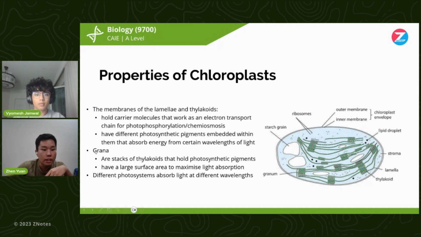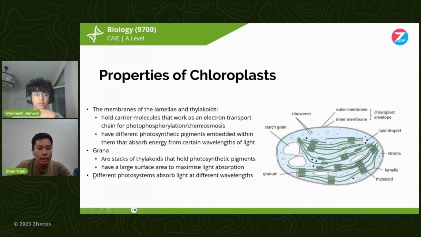Your grana are stacks of thylakoids that hold photosynthetic pigments. So what is the purpose of these grana? Like the cristae that we find in your mitochondria, they have a large surface area. In this case, it's to maximize light absorption.